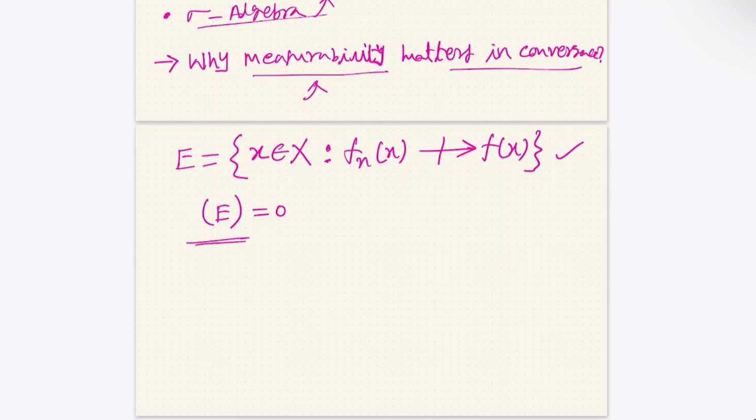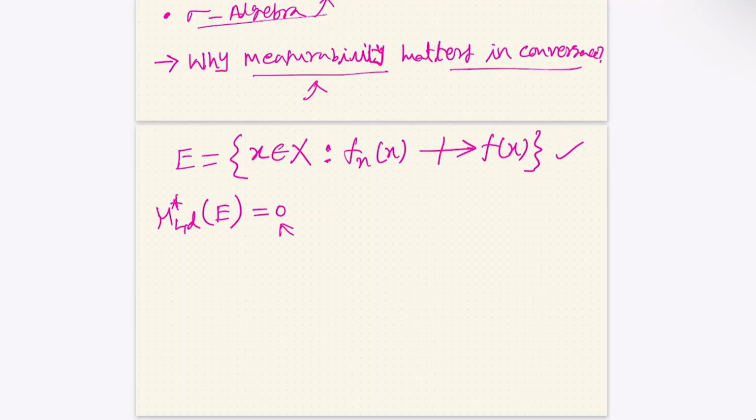This measure of E means what? Mu star Lebesgue. What does it mean? It is quite crazy. You have a set, but you can't tell the measure. Yet you can say the measure is 0.